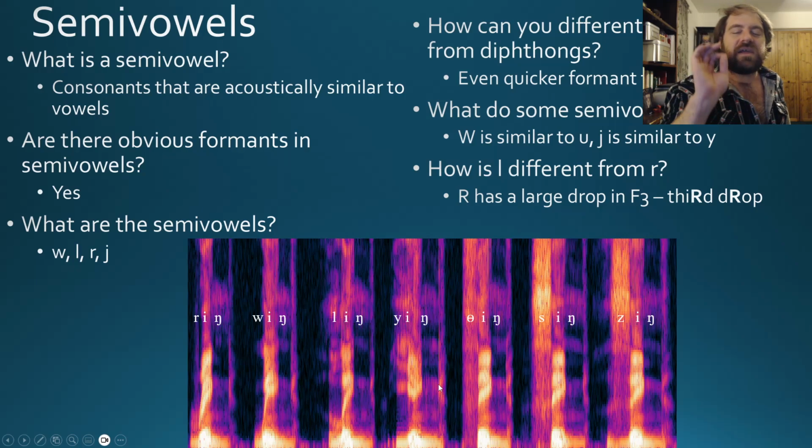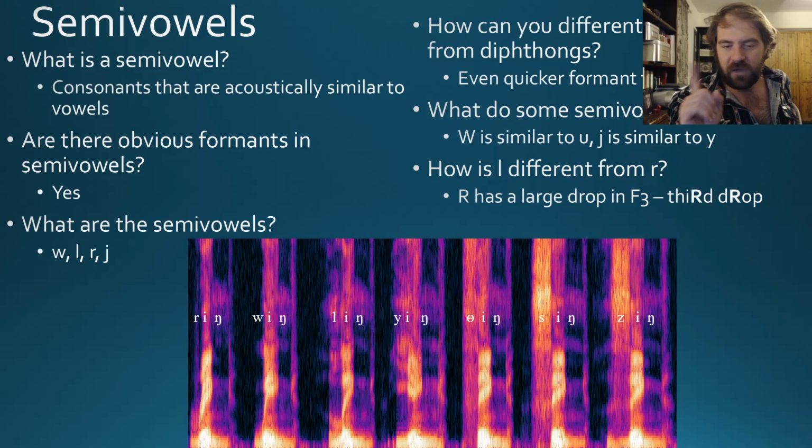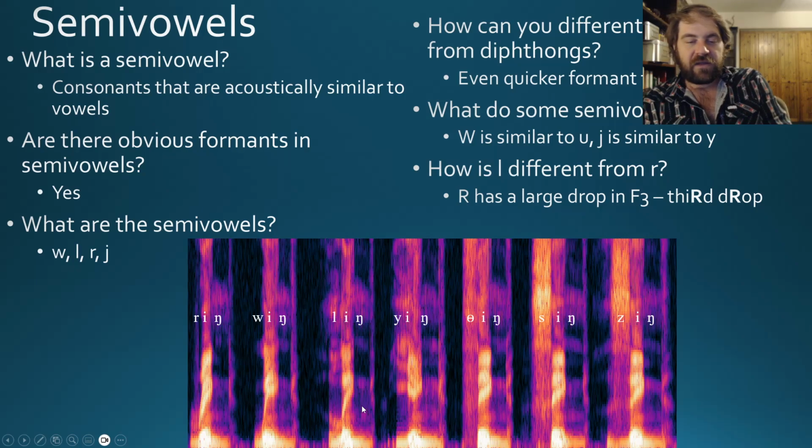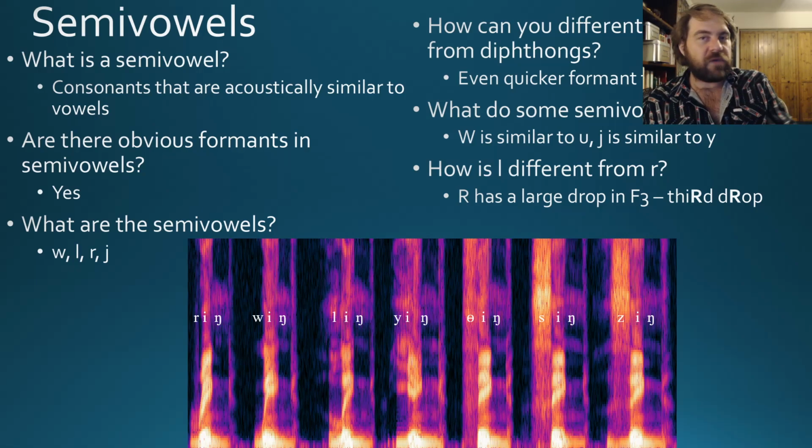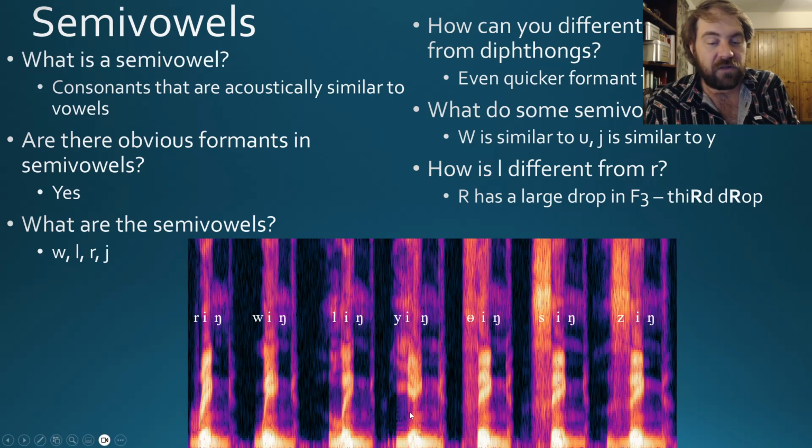And then ying has a special thing that it does as well. So R has the third drop. W is a lot of constriction. L, you just see this second formant has a little bit of constriction, not as much as W. And then ying is very similar to E. It's just a little bit more constricted.